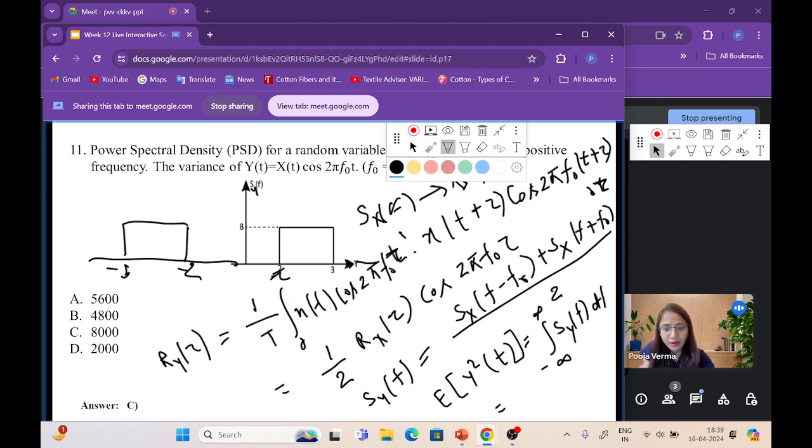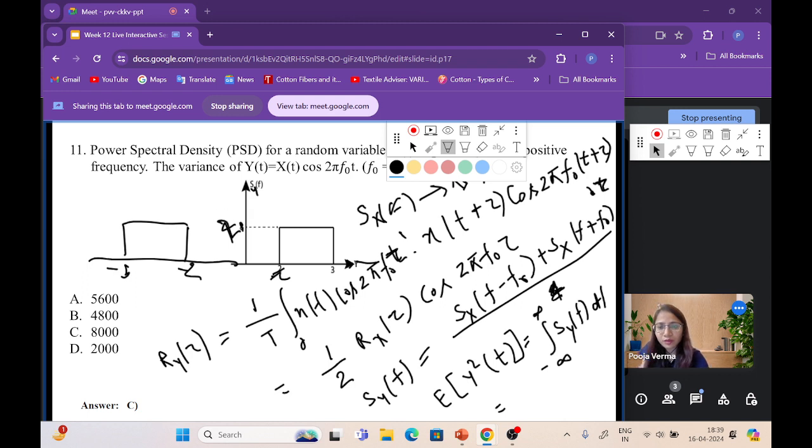If we write it, and it is divided by 2, then the magnitude will be 4. Okay, Sy of f. It is 2. No, it is 4.